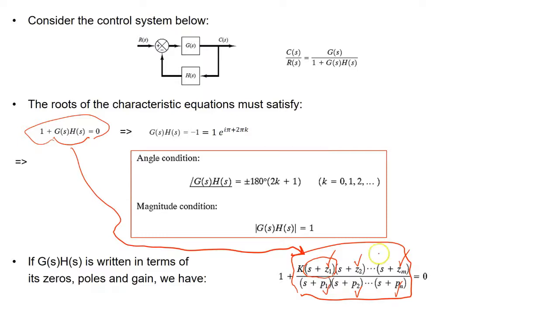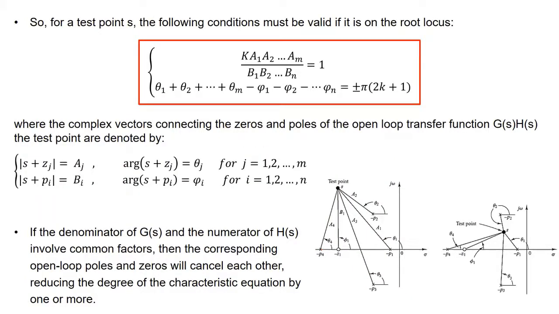The one that we need to find is the relation between what? S and K. What relation exists between these two guys? So now, if I say the magnitude of S plus Z1, let's give it a notation. The magnitude of S plus Z sub j, the jth zero, for any arbitrary S, I call it A sub j.